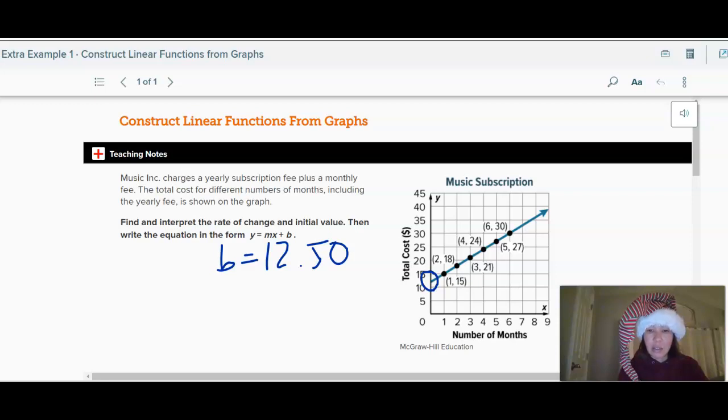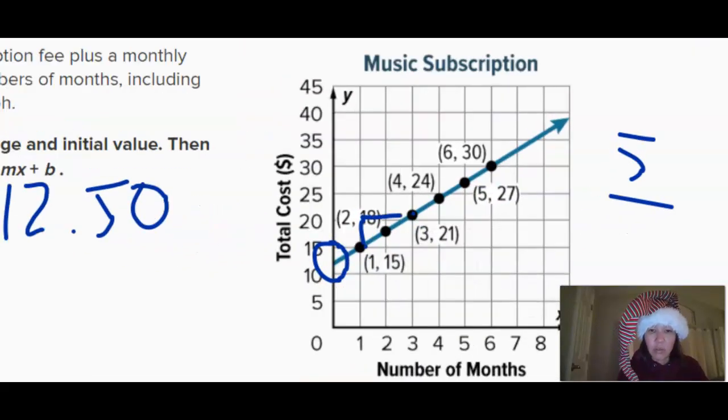And then to get from one point to the next, let's go on 2 even points. So let's go from here. If I go from this point to this point, I'm going up 5 and over, you can see here, that goes over 2.